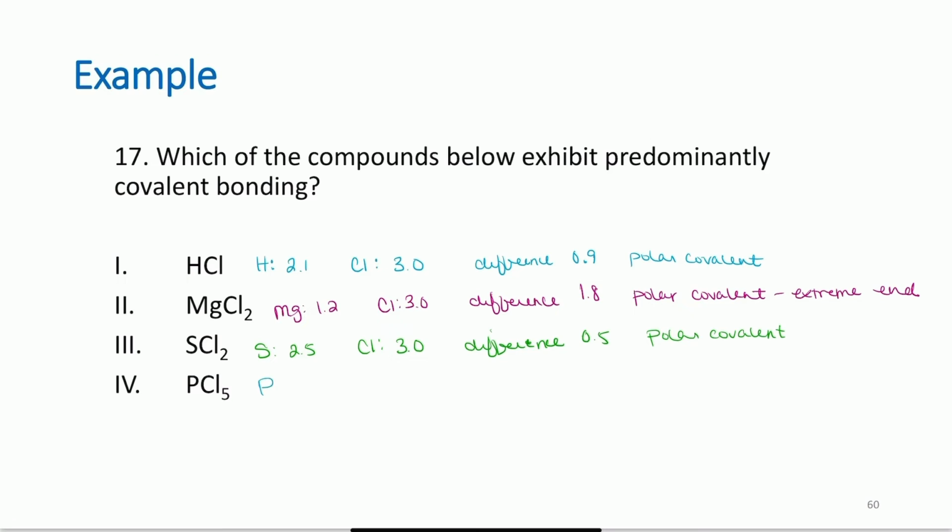And PCl5, phosphorus, 2.1, chlorine, 3.0, difference 0.9, polar covalent, and it's pretty much in the middle of that range. So this is closest to nonpolar, whereas this is closest to ionic.